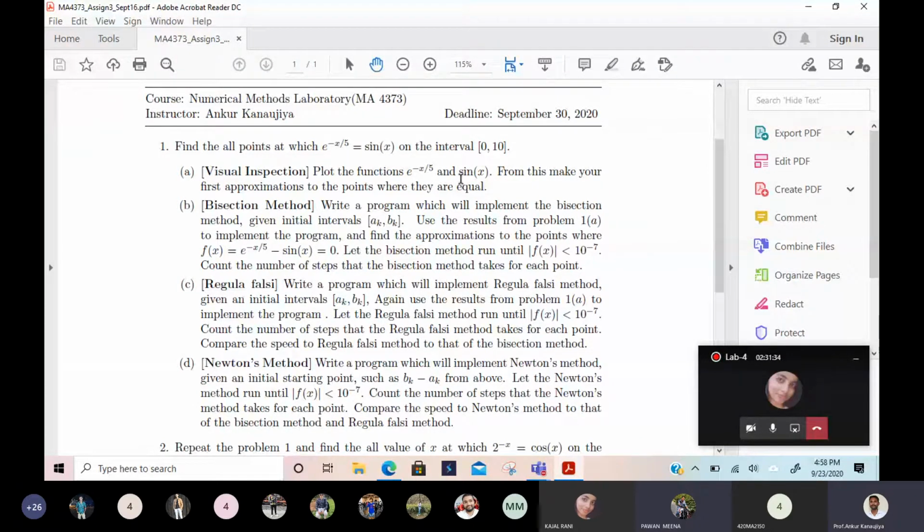If the function is continuous and at the interval ends the values are positive and negative, then the root lies between. But for this function, what is the value of the root? What is the meaning of root? There are two functions, not one function. So first we will bring sin x to the left hand side, like e to the power minus x by 5 minus sin x. We'll make that f of x.